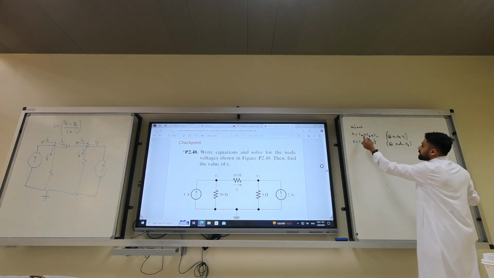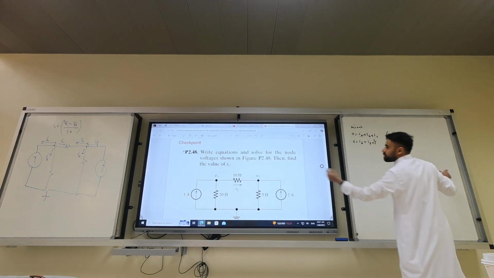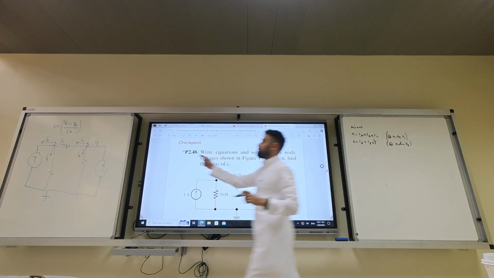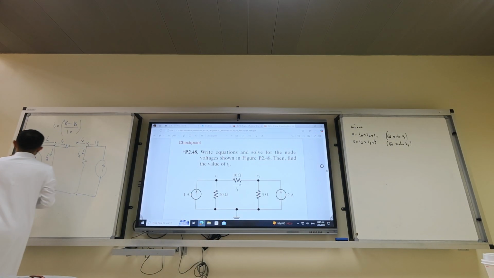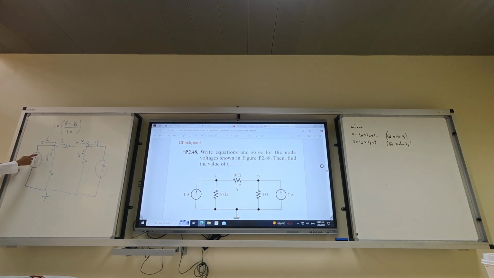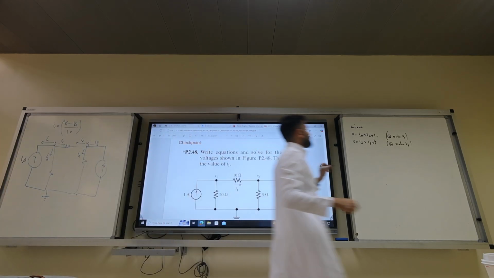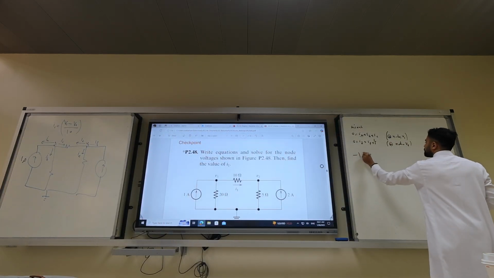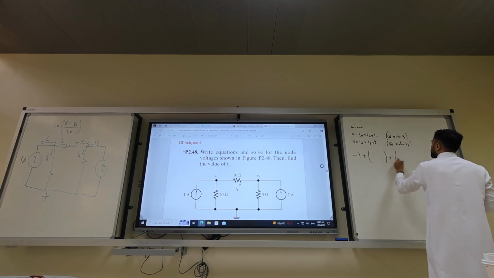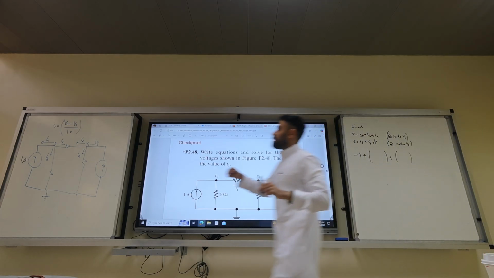Now, the way I told you, what is IA? IA is actually minus 1 amp, right? 1 amp goes from here to here, direction of the arrow. The current source tells you the direction of the current here is 1 amp, so IA is minus 1. So you will have minus 1 plus IB. What is IB?